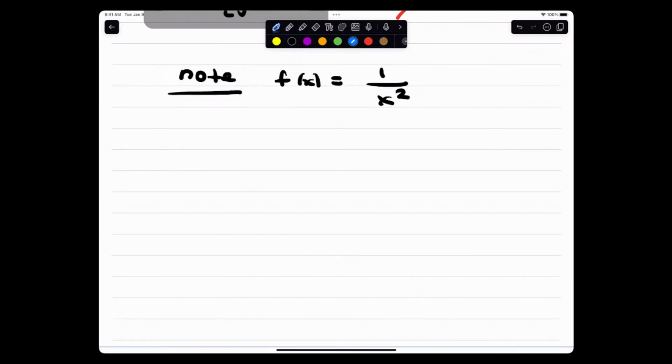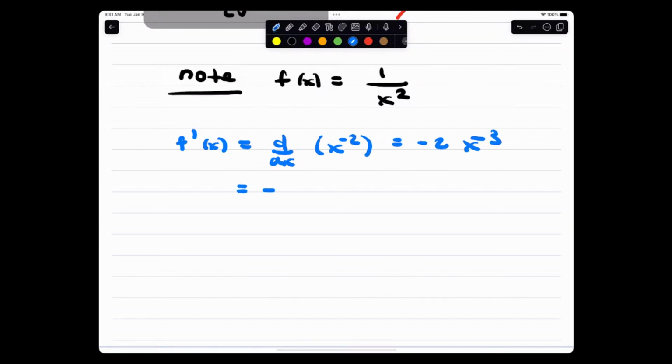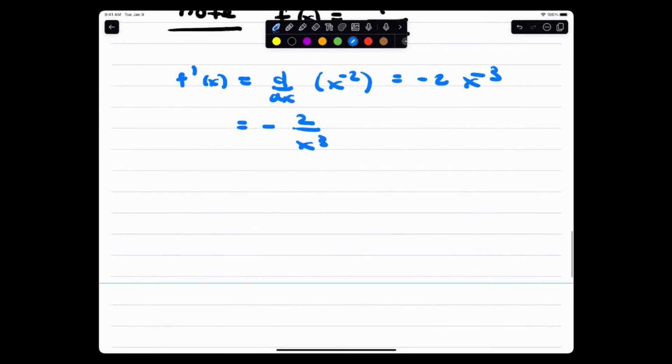And you're looking for critical values. You say, do I differentiate the function x to the minus 2 by the power rule, and I get negative 2x to the negative 3, which means my derivative is negative 2 over x cubed. And then you say, Mr. Judge, here's the derivative. And I'll say, yes, it is.